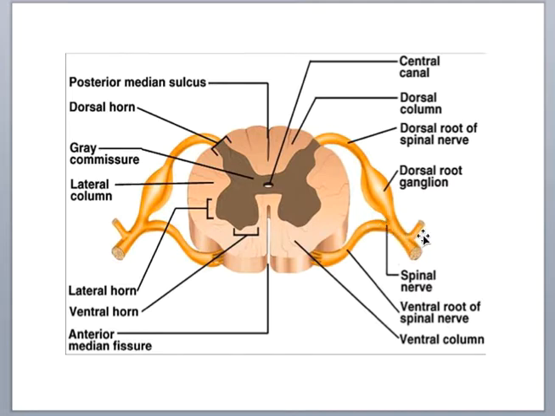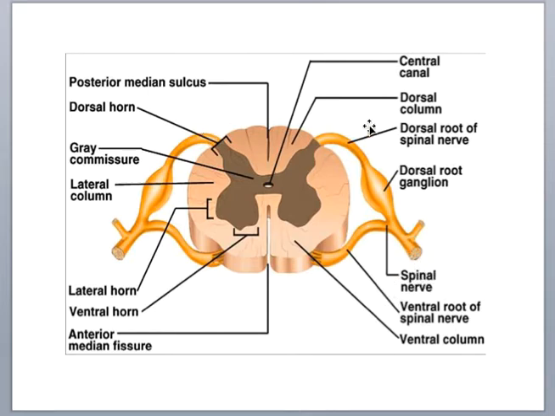But if you look right here, they merge to form a spinal nerve. And so this spinal nerve is going to contain both sensory and motor information. So this dorsal root contains just sensory. This ventral root contains just motor, but then they merge to form a spinal nerve, which is both sensory and motor information.